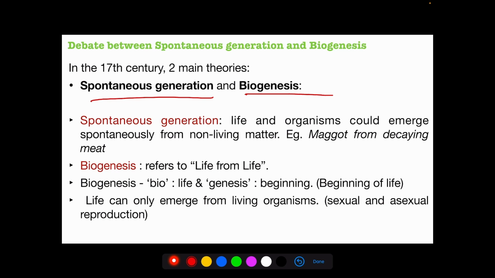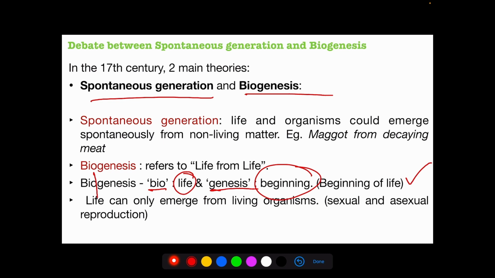And as we know, biogenesis refers to life from life. If you break the term, bio means life, and genesis means the beginning. And so literally, biogenesis should mean the beginning of life. And so the proponents of biogenesis also stated that life can only emerge from living organisms.